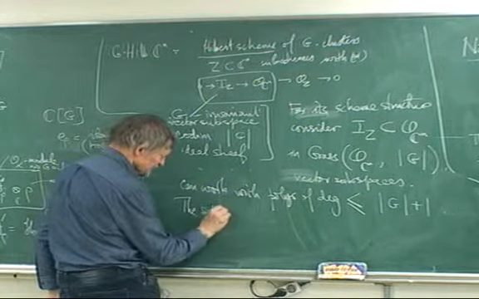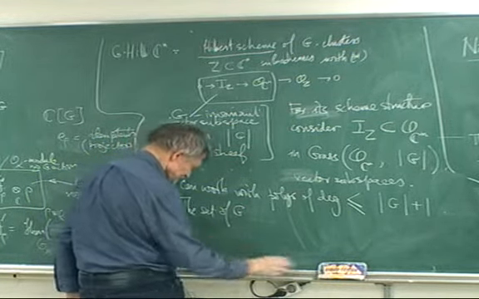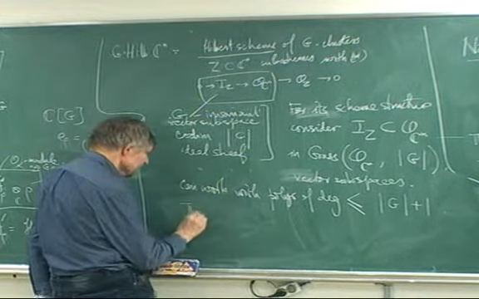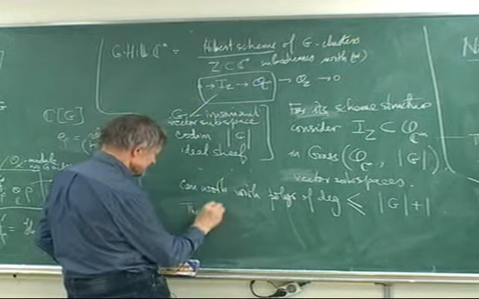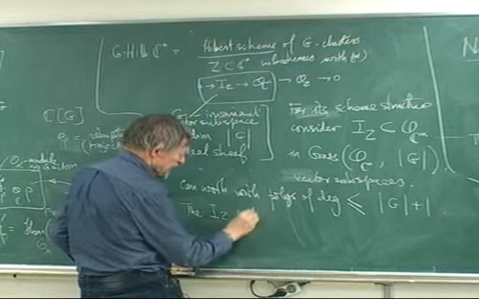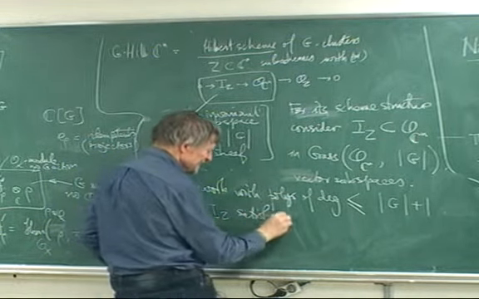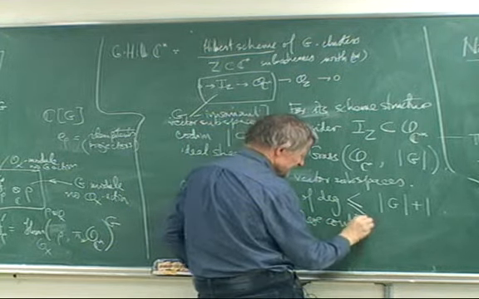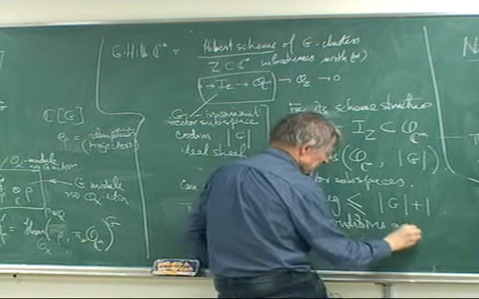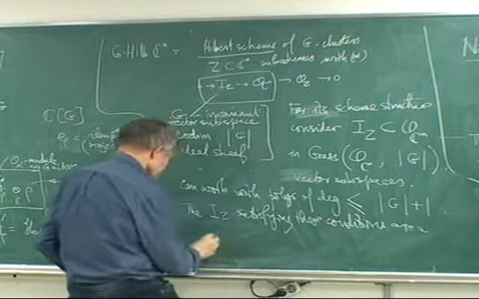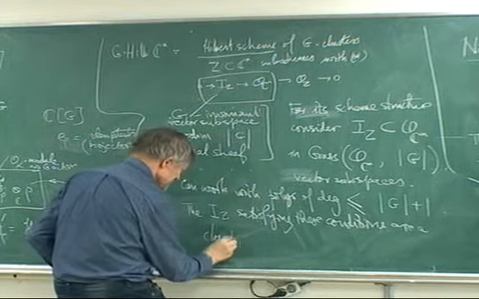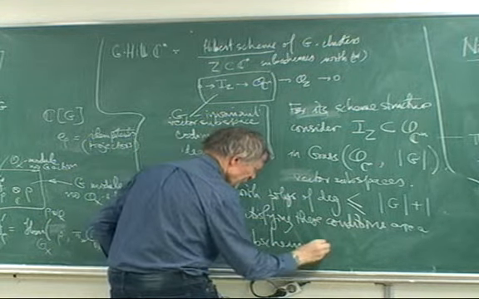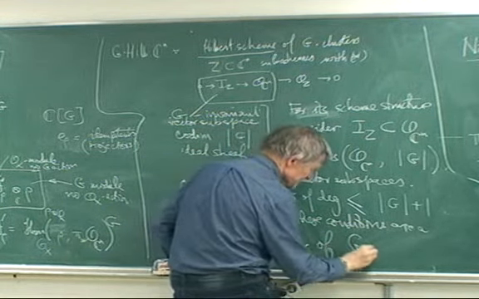And so this is the set of G clusters, the IZ satisfying these conditions are a closed subscheme of this Grassmannian.